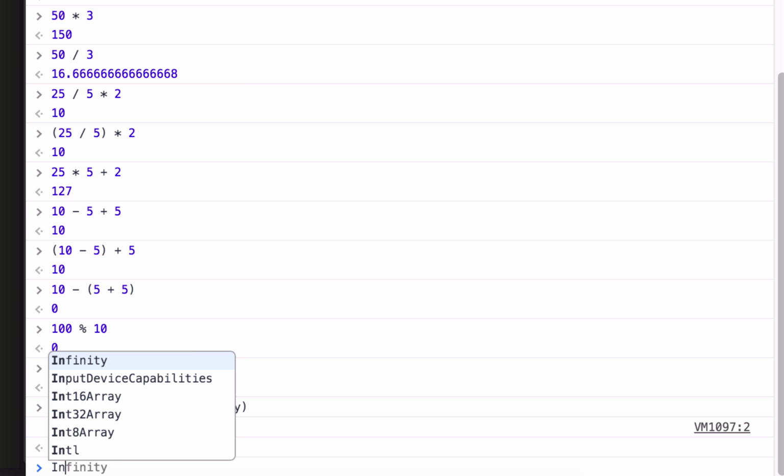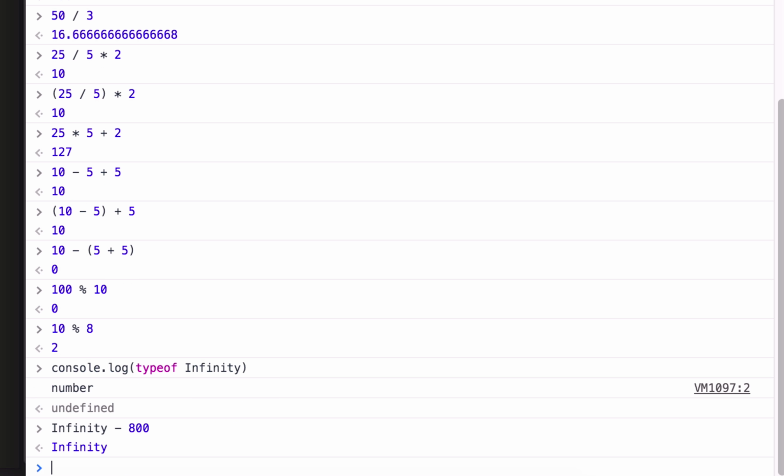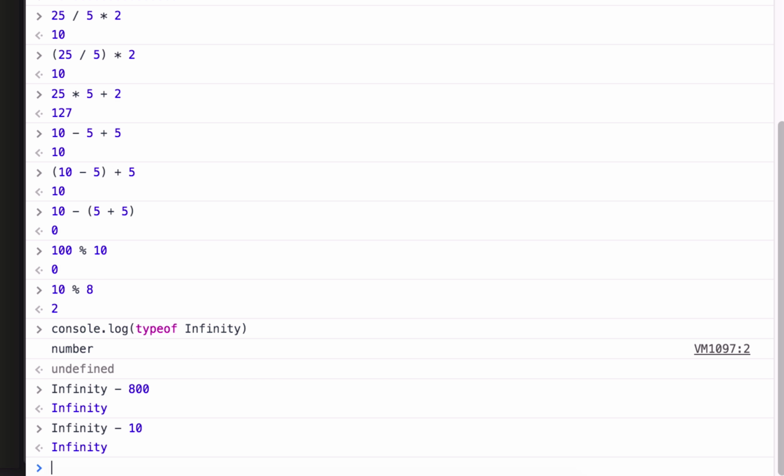So if we were to, for example, do infinity minus 800, we'll just get infinity. Infinity minus 10, we'll get it again. So this is one other special number type out there, and it doesn't exactly have an exact mathematical value to it.